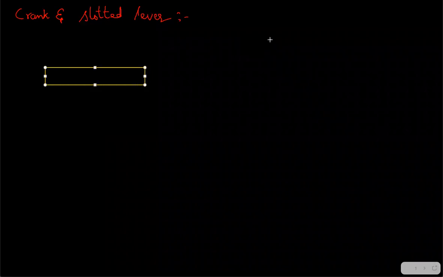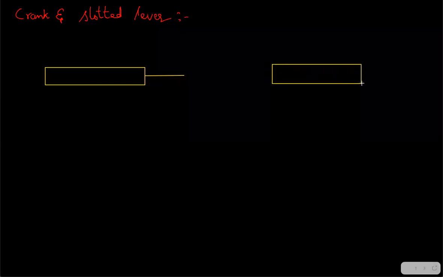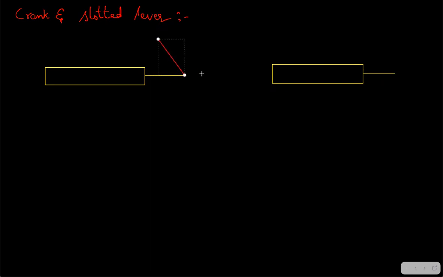So this is our cylinder, right? And then we have this one. Similarly, over here also we have our cylinder as well as our extension, right? Then we have our crank.